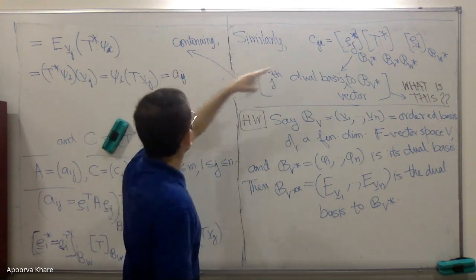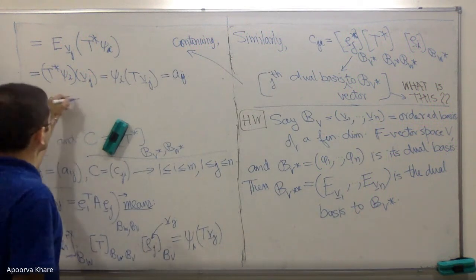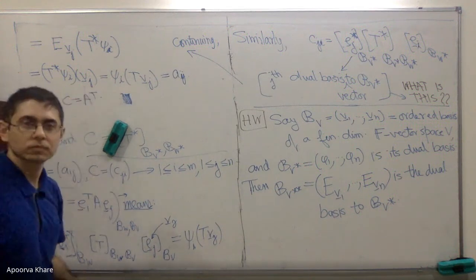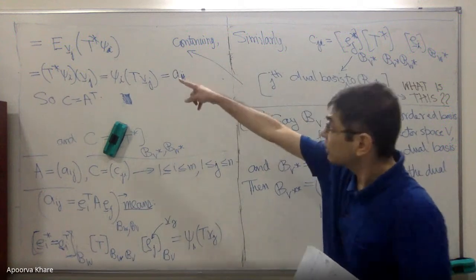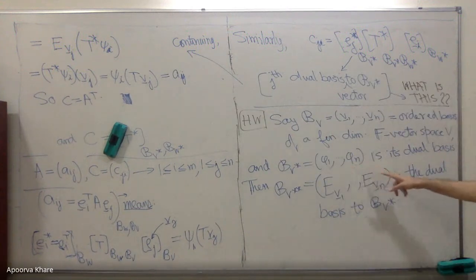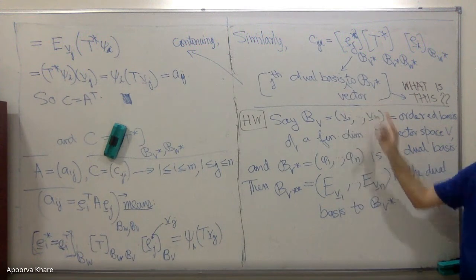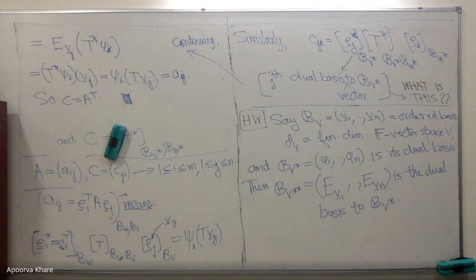So we saw Cji equals Aij, which we see as A transpose. So it's just a matter of following the definitions down, except you have to remember that there is a double dual involved, and the dual basis to the dual basis is basically the original basis as far as evaluating goes. Okay, that's what that is.